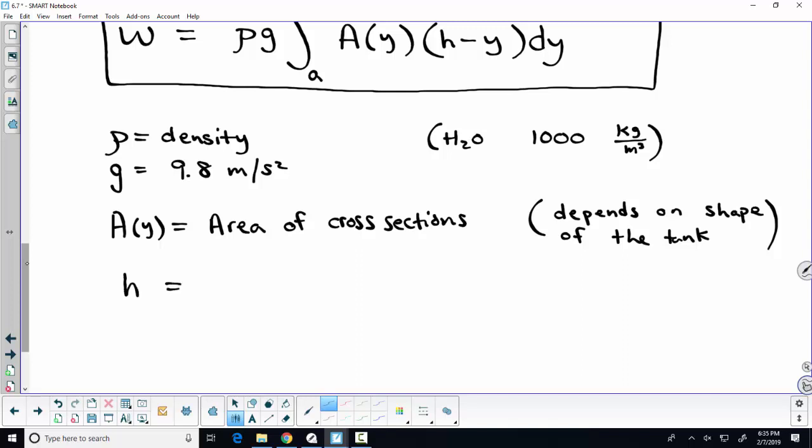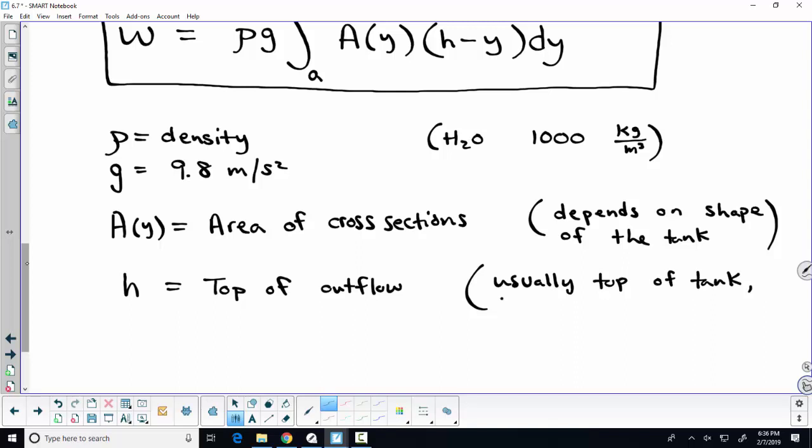H is the top of the outflow. Usually it's the top of the tank, but not always. It just varies from problem to problem.